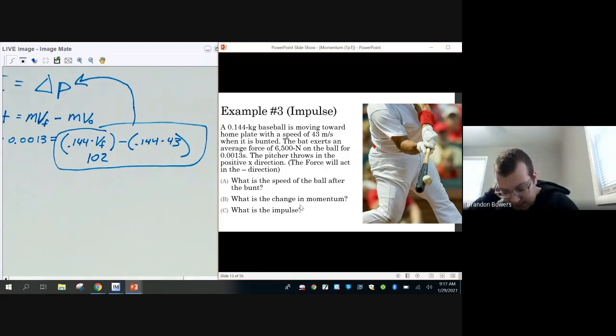All right, and I got about 8.266. Oh, it's adding, subtracting. So it's going to be, oh, this is a little tricky actually.